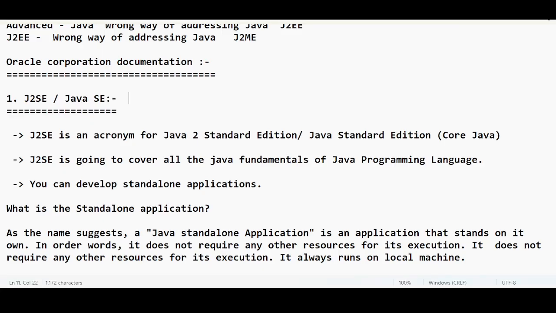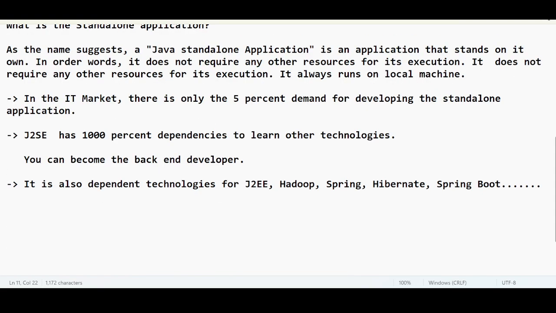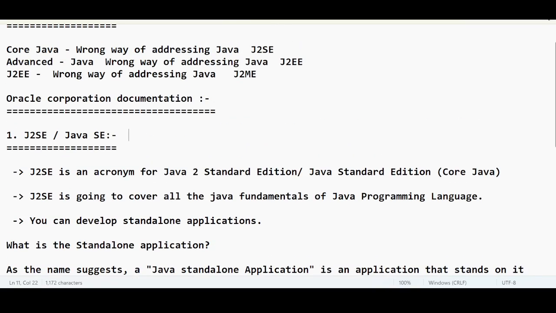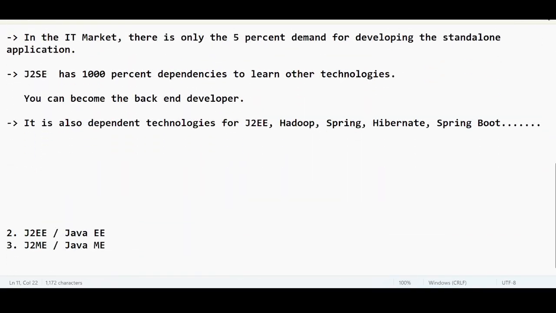Okay, so let us jump to the next topic, which is Java 2 Enterprise Edition. This is very interesting, guys. The second one is this one, Java 2 Enterprise Edition.